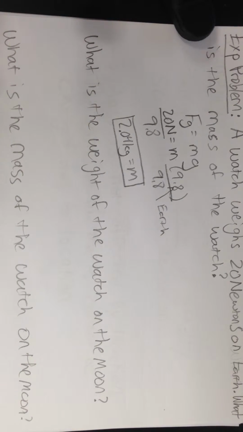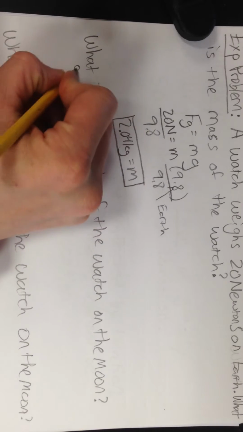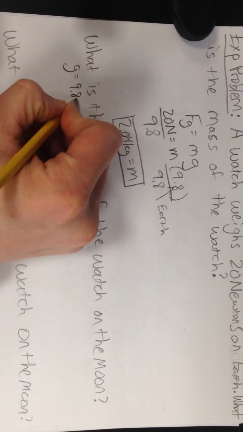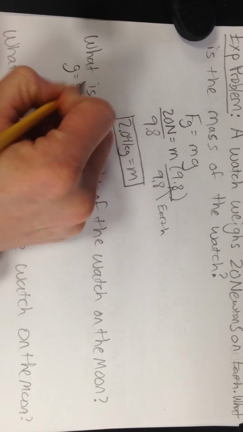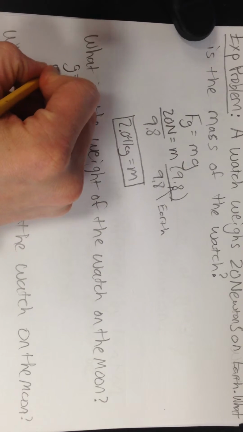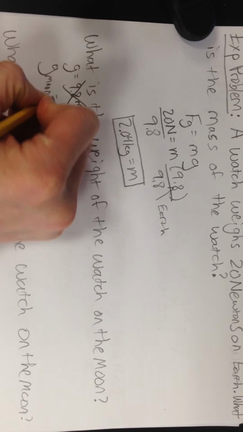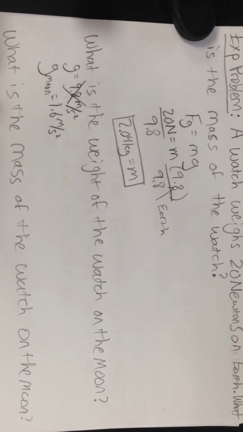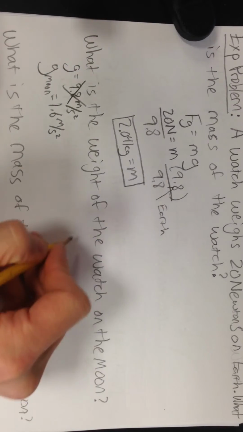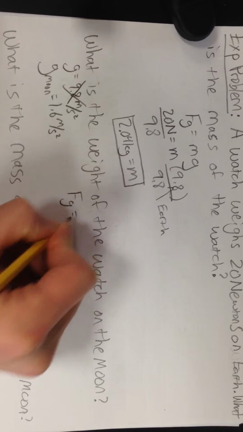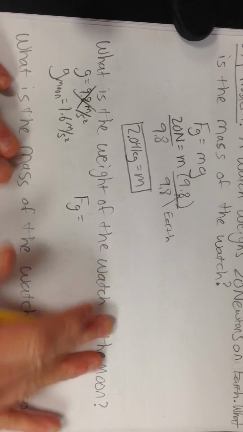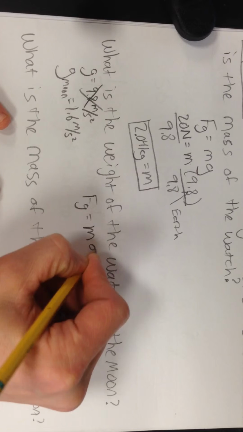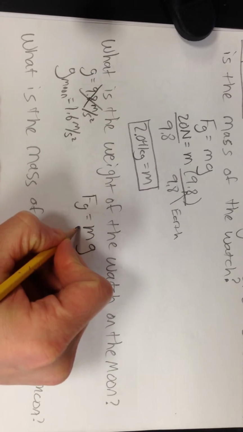Alright, so what's the weight of the watch on the moon, though? Well, on the moon, g, the acceleration due to gravity, is not 9.8. On the moon, g moon equals 1.6 meters per second squared, a little less. So how much would the watch weigh on the moon? Well, we know when we bring the watch to the moon that mass doesn't change.